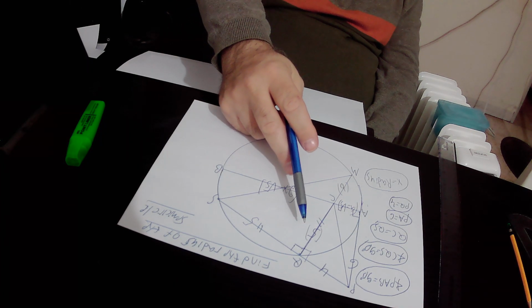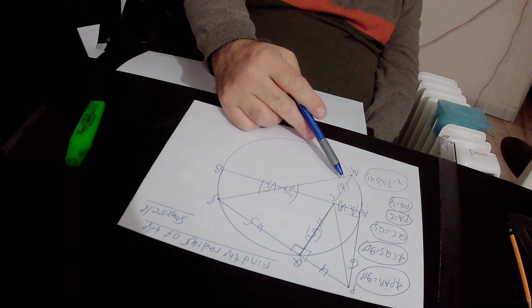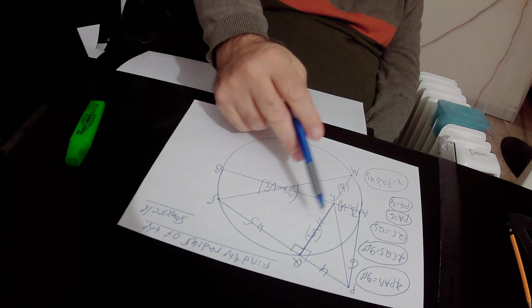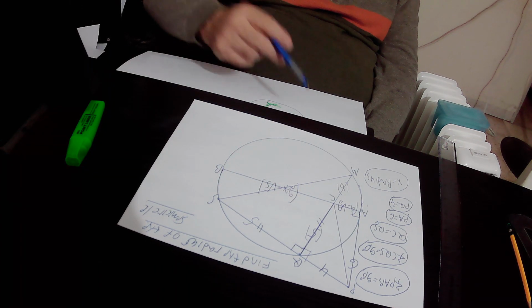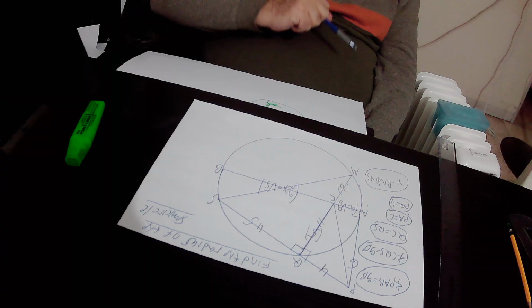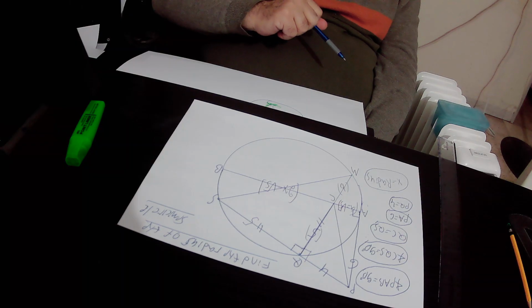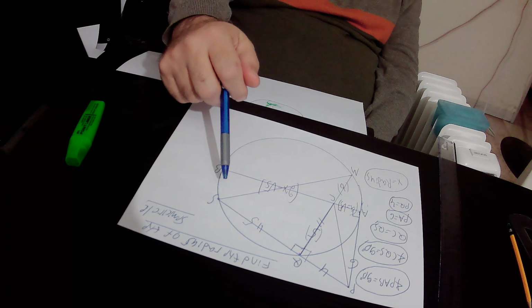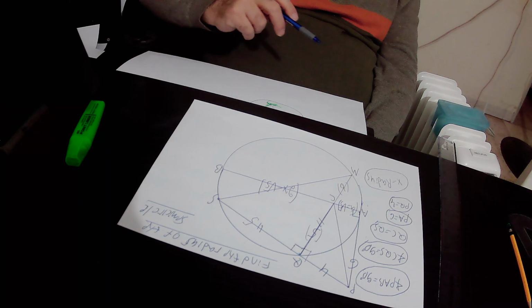Because when we change the leg of the angle, we are not changing the size of the angle. So angle MQS also is still equal to 90 degrees.